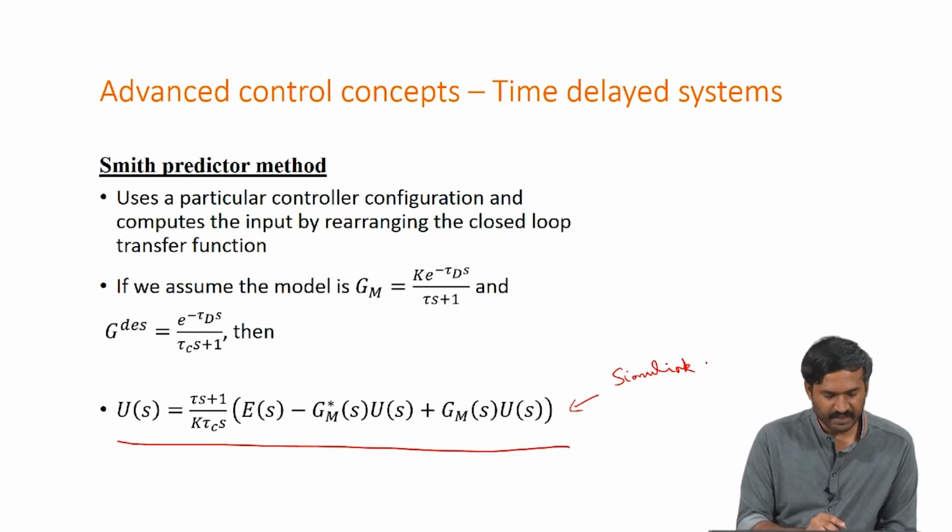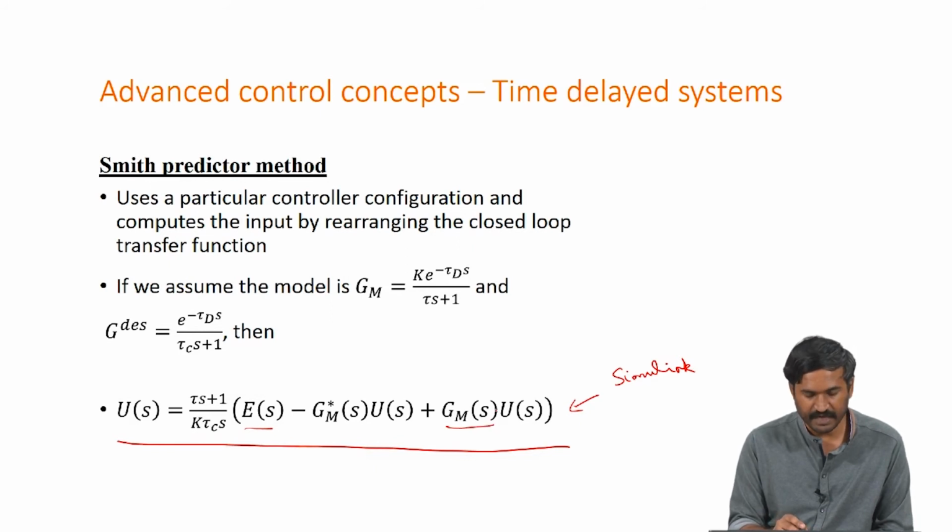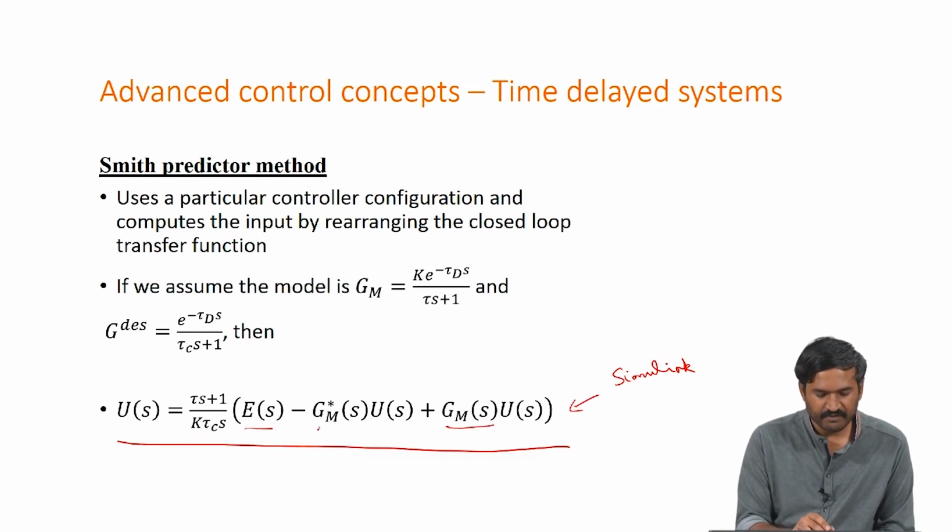Remember this equation. So we have (tau s plus 1) divided by (k tau s plus k tau c s) times E of s minus g star m of s into U of s plus gm of s into U of s. Now gm of s is the model transfer function, and gm star of s is the transfer function without delay.